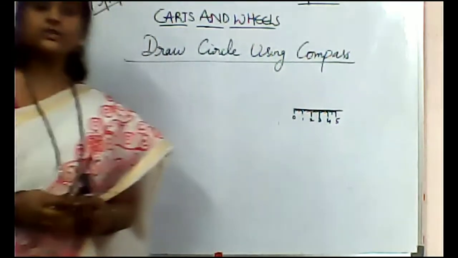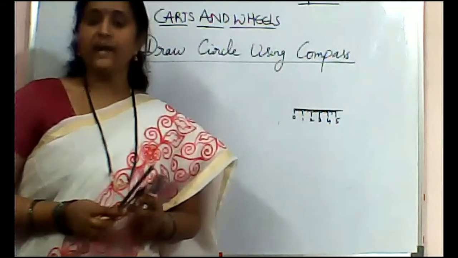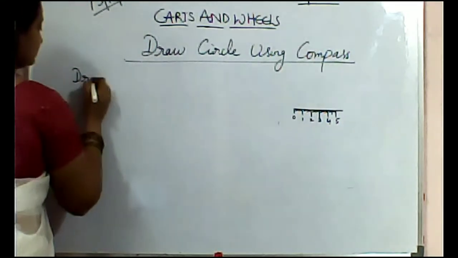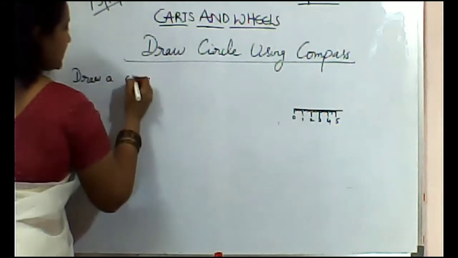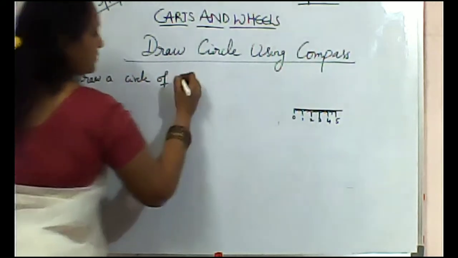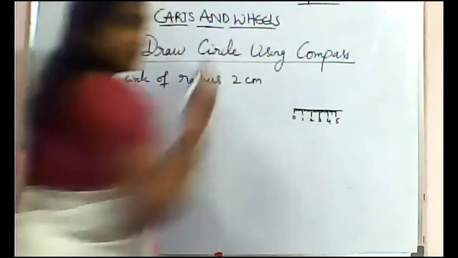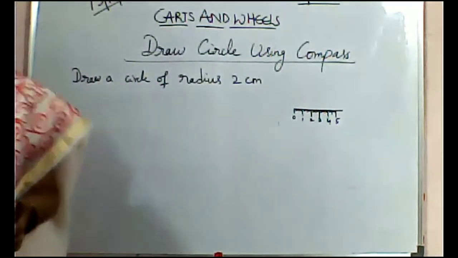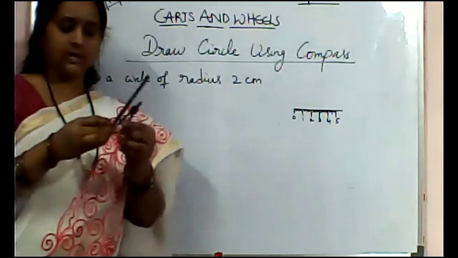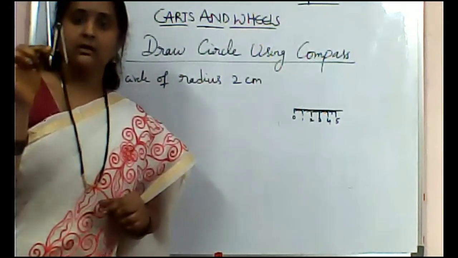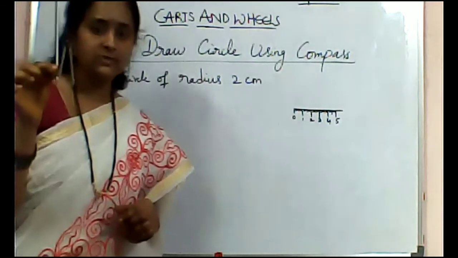Now we need to draw a circle of radius 2 centimeters. First of all, we already fixed this compass. Now you have to do it in your classwork.